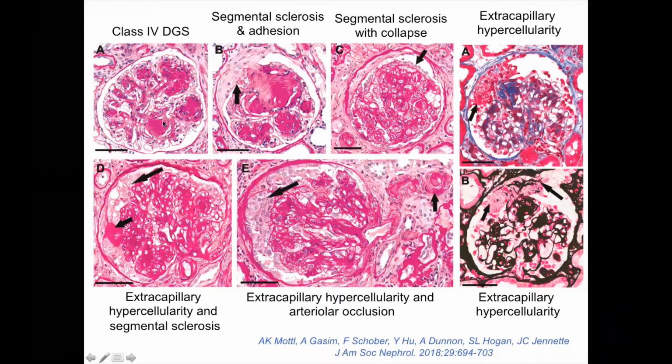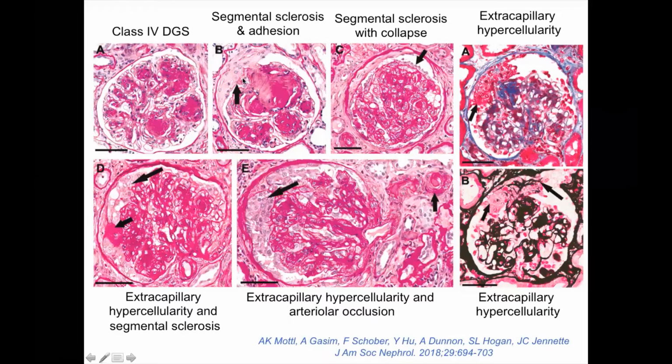As we said, this is the nodular sclerosis. This is from a paper from the American Journal of Nephrology Society, and this is nodular mesangial expansion.